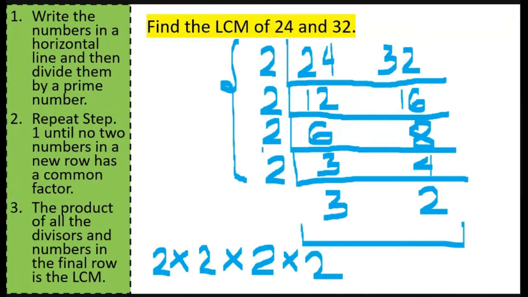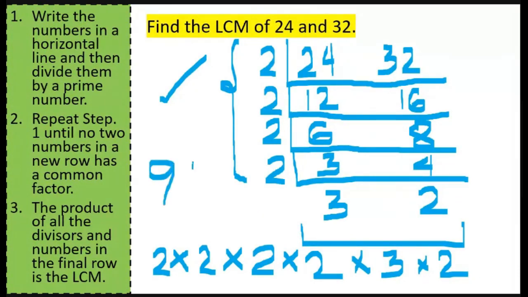And then, dugtong mo tong si 3 tsaka si 2. Okay, times 2. So, 2 times 2, 4 times 2, 8 times 2, 16 times 3 is 48. 48 times 2 is 96. So, ang LCM natin ay 96.